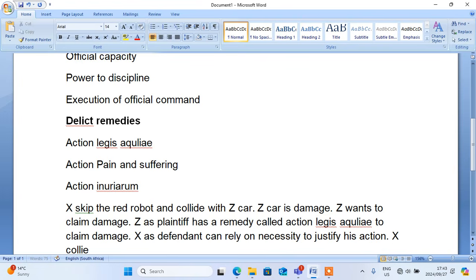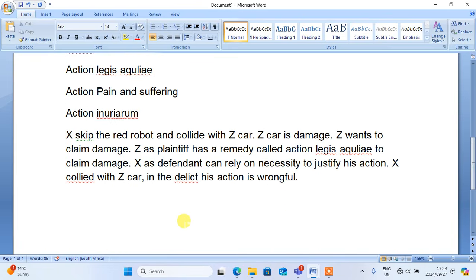collides with Z's car, in delict, his action is wrongful, right? It means that in delict, his action is wrongful.